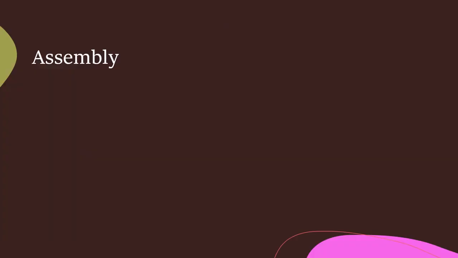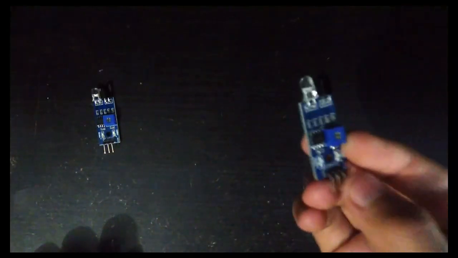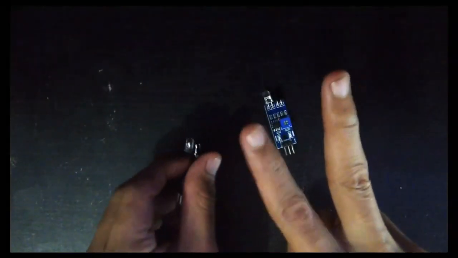Before doing an experiment, we need to assemble all the components, right? And here is my video about the assembly of the components. So in this project, for the car speed detector using two IR sensors, this is the component, which is the IR sensor.